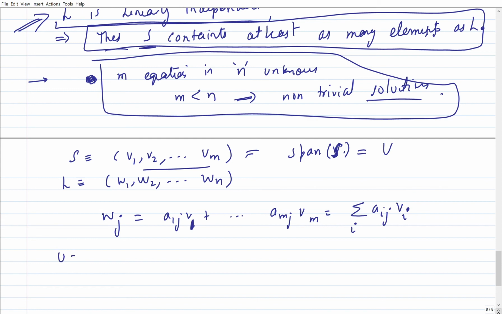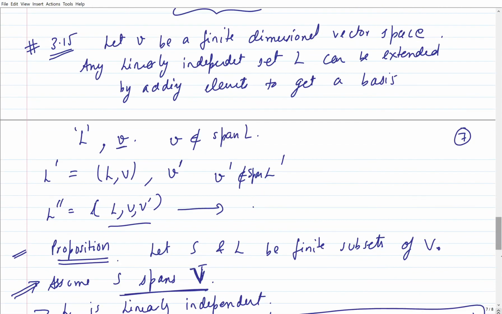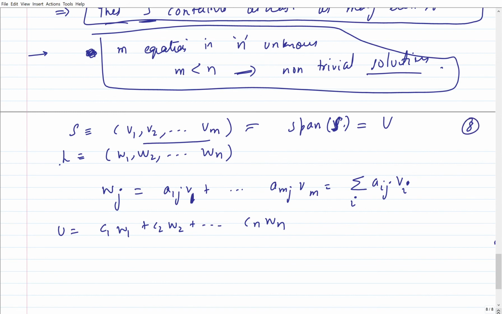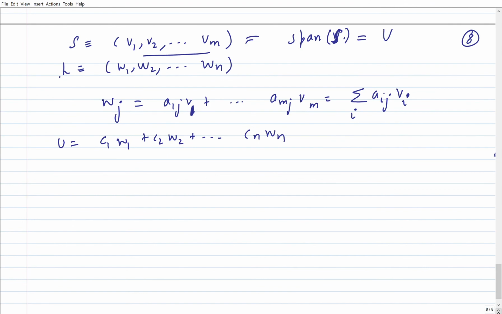Now consider another vector u, which is a linear combination of the vectors of L. I can write it down as this.